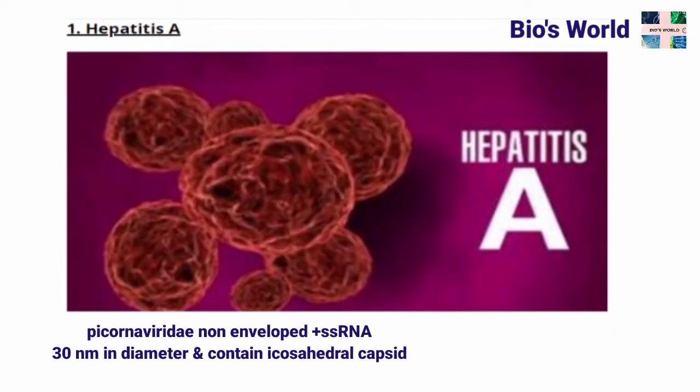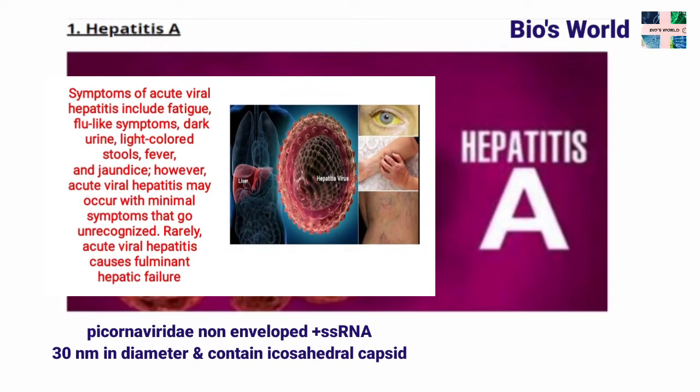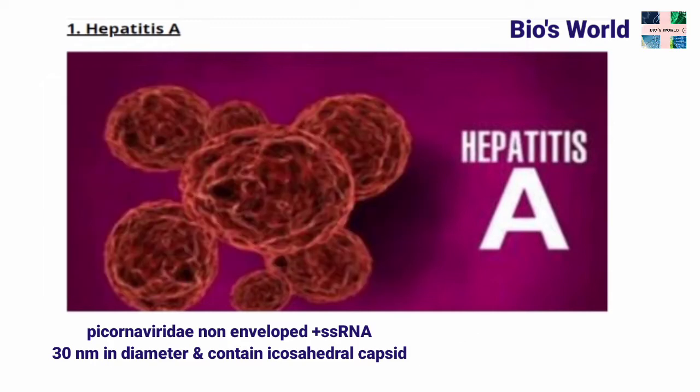The clinical manifestations include jaundice, fever, abdominal pain, light stool and diarrhea. The infection is generally of a limited nature and does not occur chronically. The virus is very stable and resistant to acidic pH and also stable at 60 degrees centigrade for a short duration.